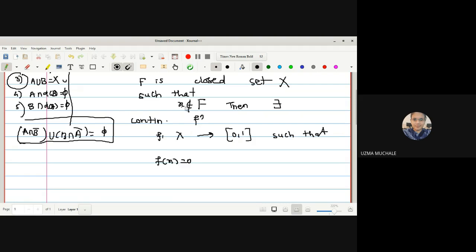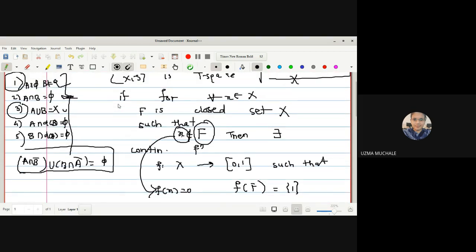That means we have two things: x is an element which is not a member of F. So x is mapped to 0 and the image of the closed set F will be mapped to the singleton 1. Starting with X a T1 space, for every element x of X, F is a closed set which does not contain the point x.